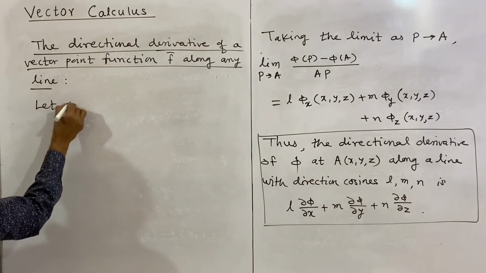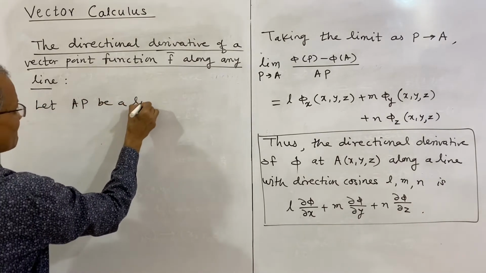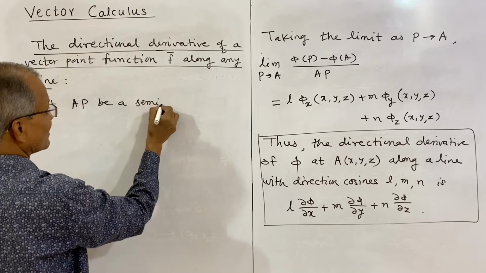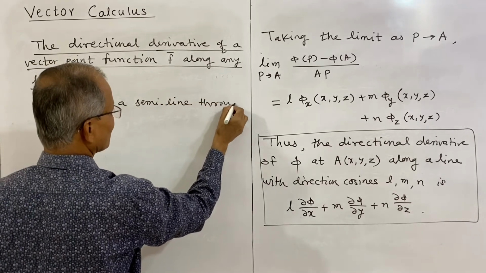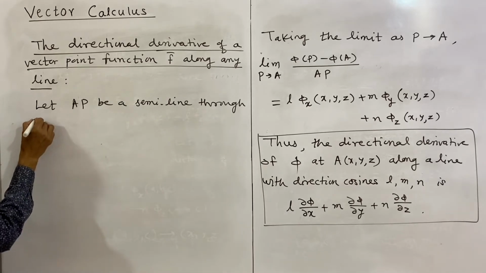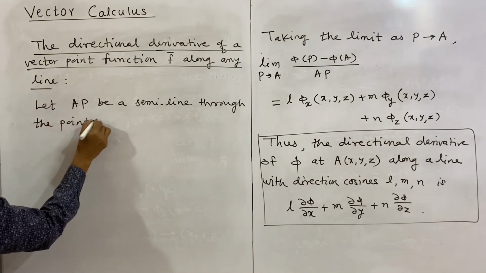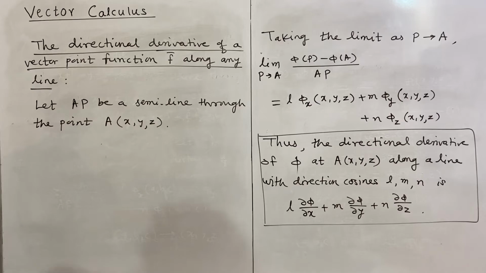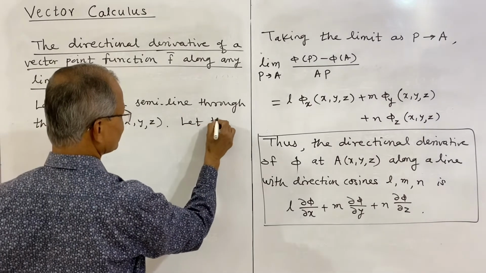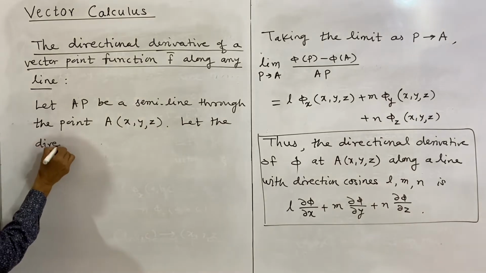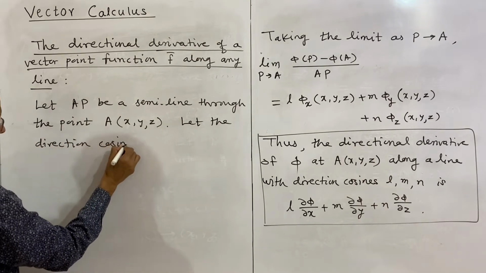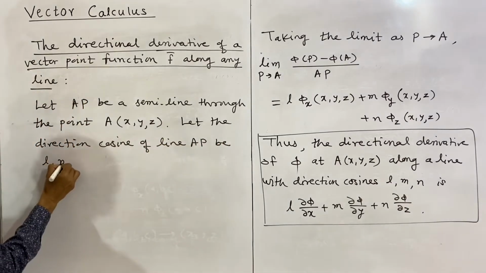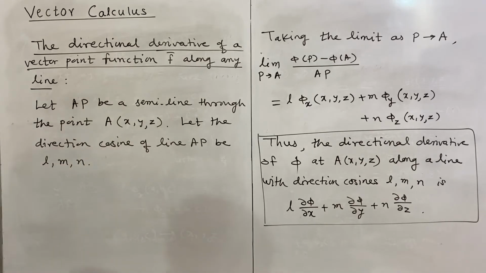Let AP be a semi-line, a one-directional line, through the point A. Coordinates of A are x, y, z. Let l, m, n be the direction cosines of line AP.